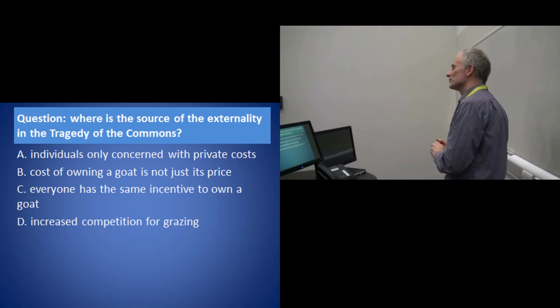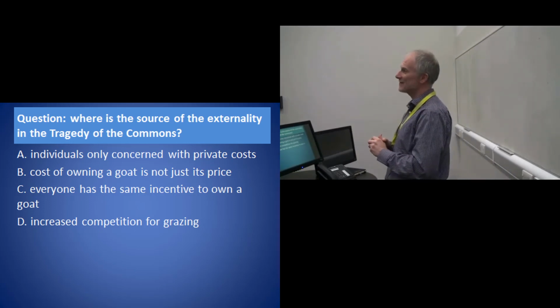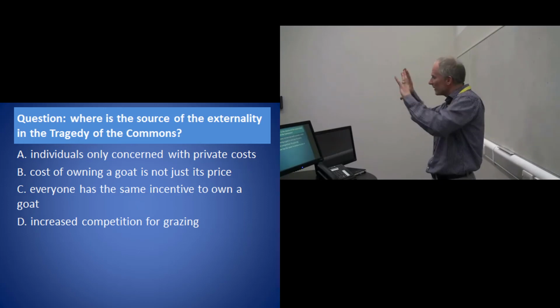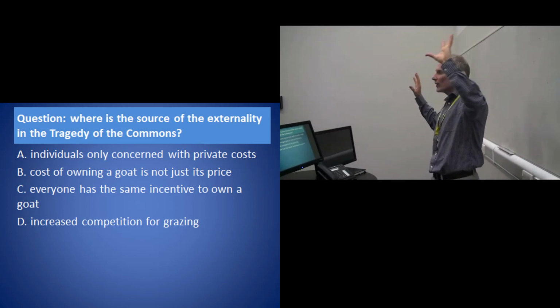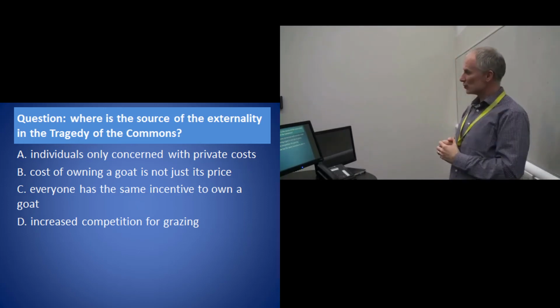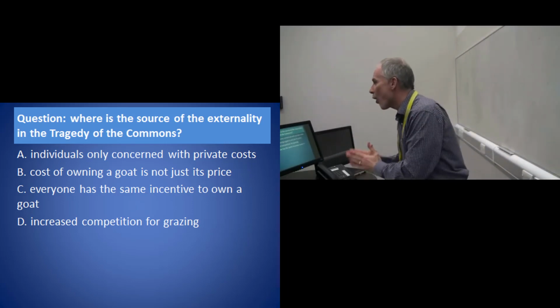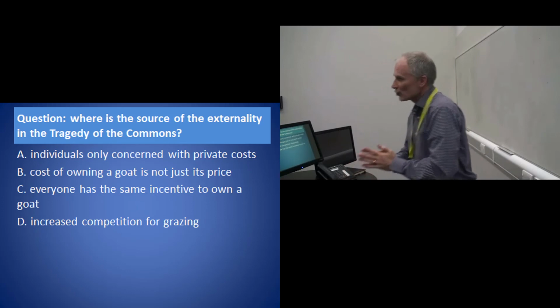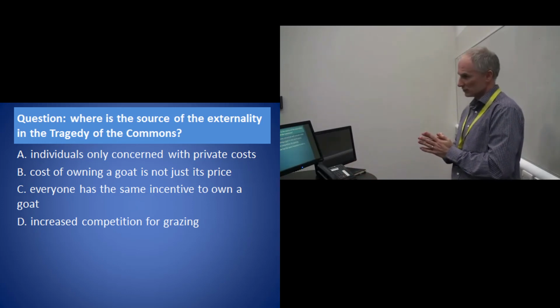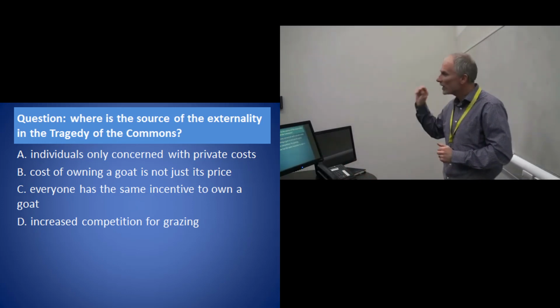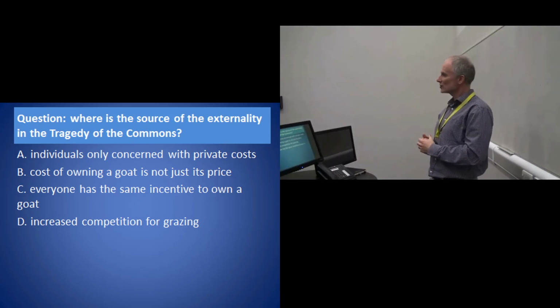So think about the tragedy of the commons. What underlies this? We get that outcome where the good is overconsumed. People graze too many goats on the land, over and above what's socially efficient. Where, though, is the externality?